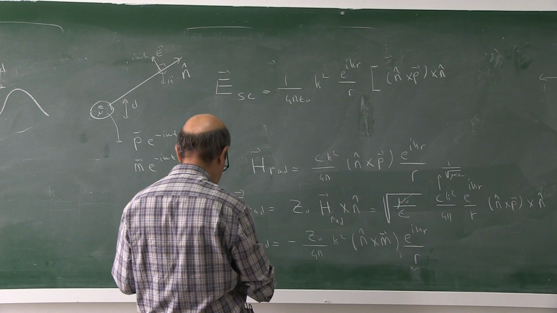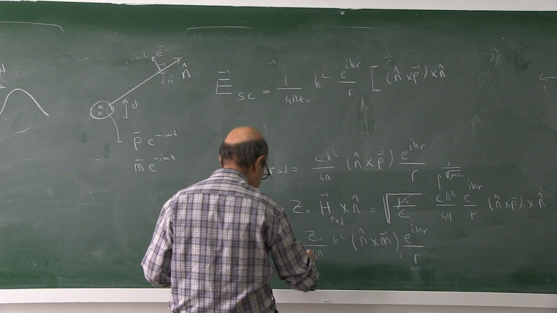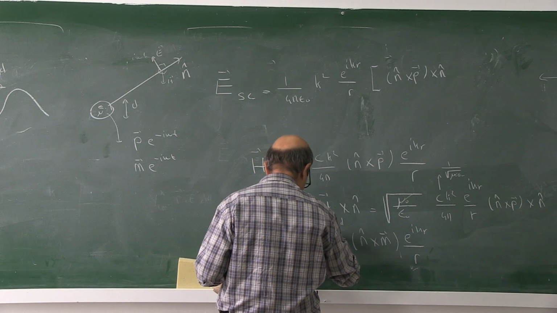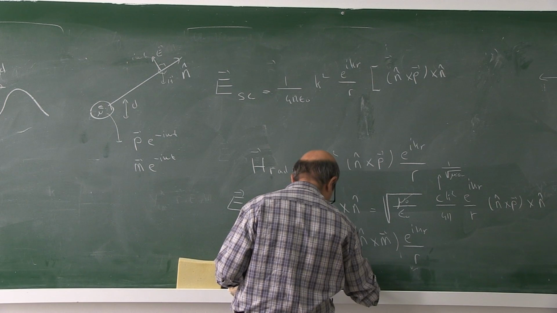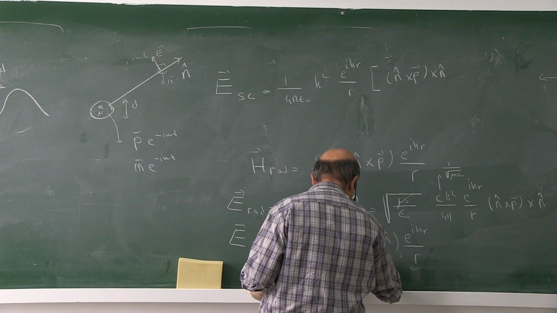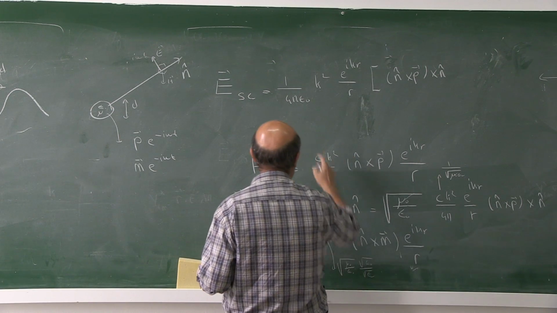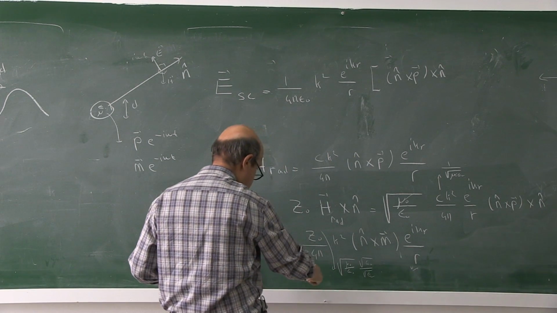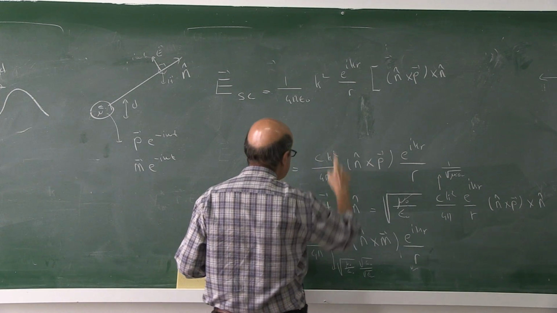Z0 is the square root of mu 0 over epsilon 0. If you multiply by epsilon 0 square root and epsilon 0 square root, this will be 1 over epsilon 0. You can take the parentheses. This will be 1 over 4 pi epsilon 0. You have the k squared.